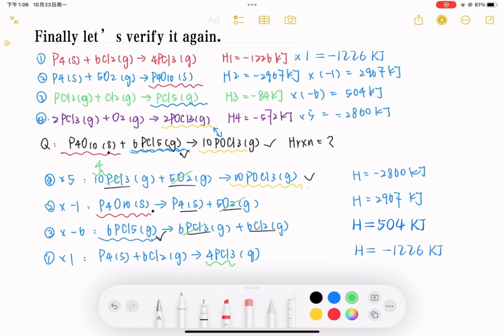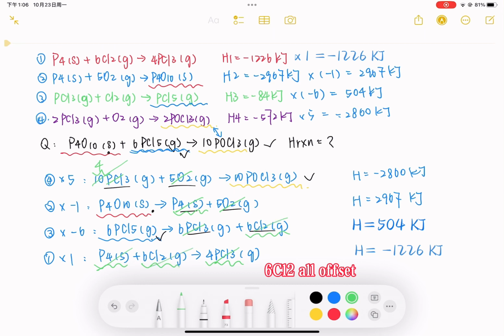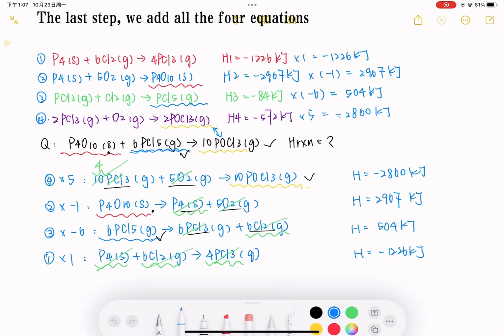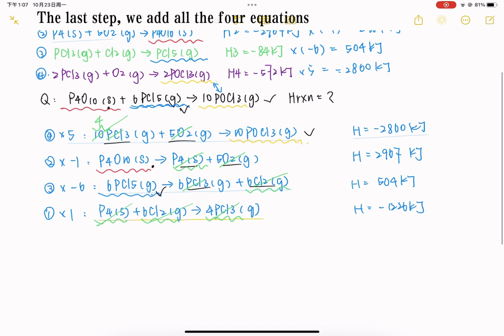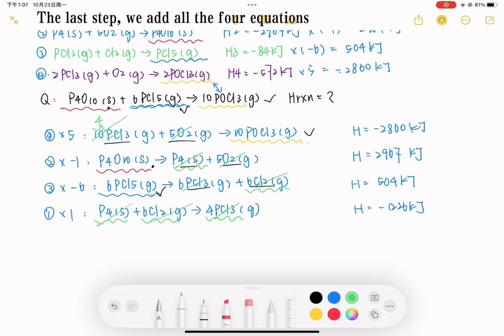Finally, let us verify it again. The last step, we add all the 4 equations. The 4 delta H values also need to be added together.